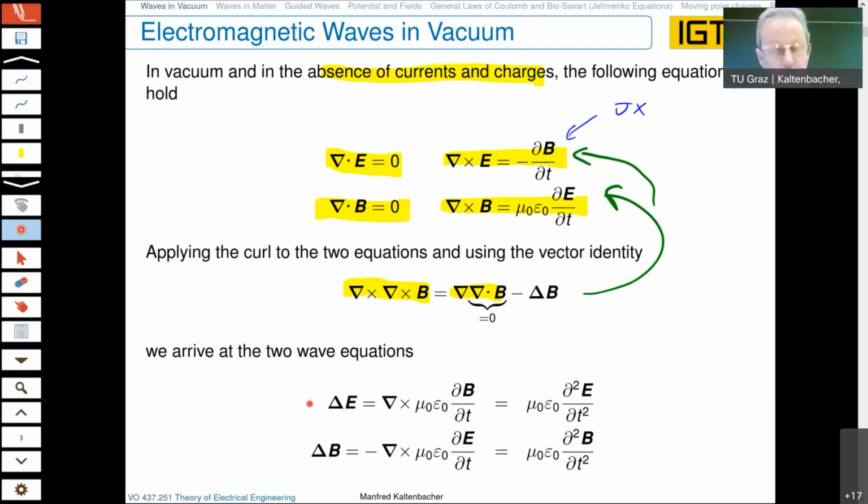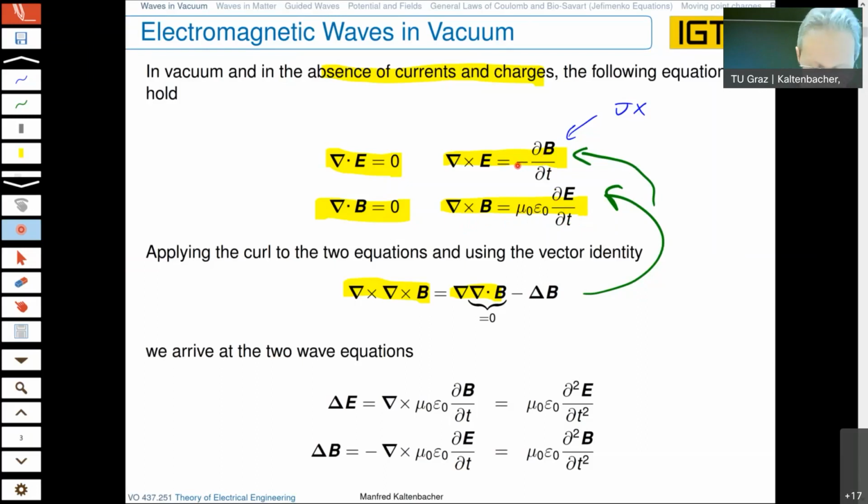And you have the curl of the time derivative. But if you look here, the curl itself can be expressed by the time derivative of the electric field. So you will have here a double time derivative on the electric field. And due to this minus, we also have a minus here.